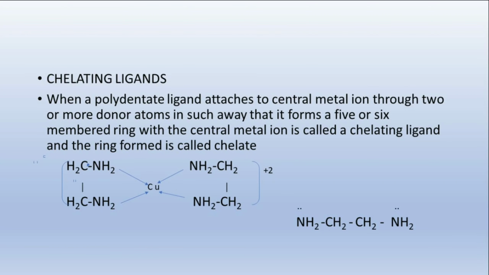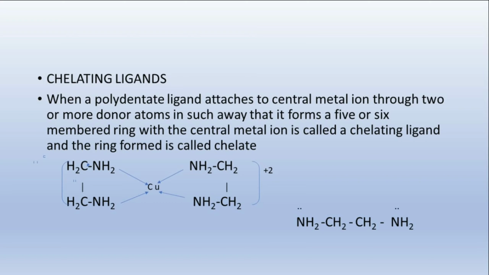Now we'll see what are chelating ligands. When a polydentate ligand attaches to the central metal ion through 2 or more donor atoms in such a way that it forms a 5 or 6 membered ring with the central metal ion, it's called a chelating ligand. And the ring formed is called chelate.